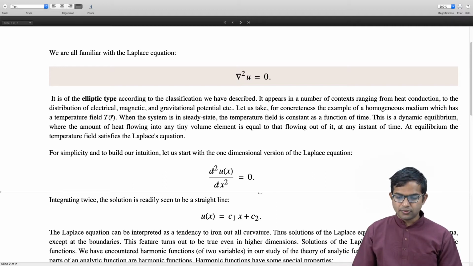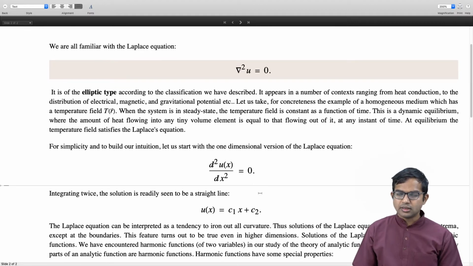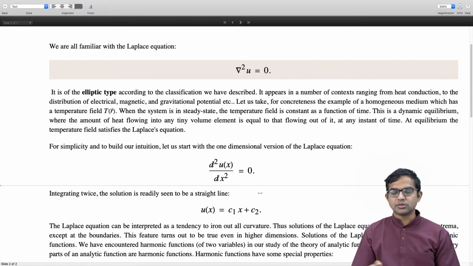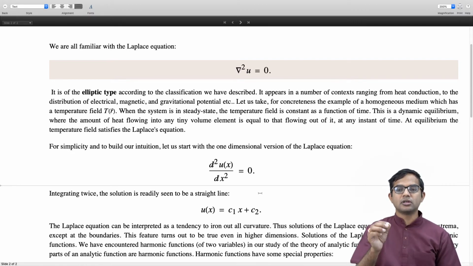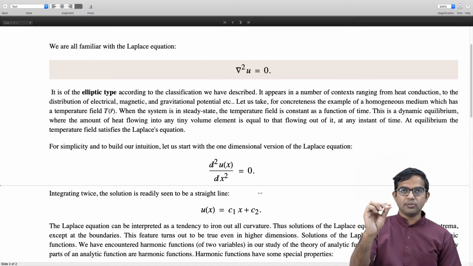So another way of thinking about this is that the value of this function at any point is going to be the mean of the value of the function in its neighborhood, right? If you're sitting on a straight line, clearly the value of the function at any point is going to be the average of the value of the function slightly above and slightly below, right?